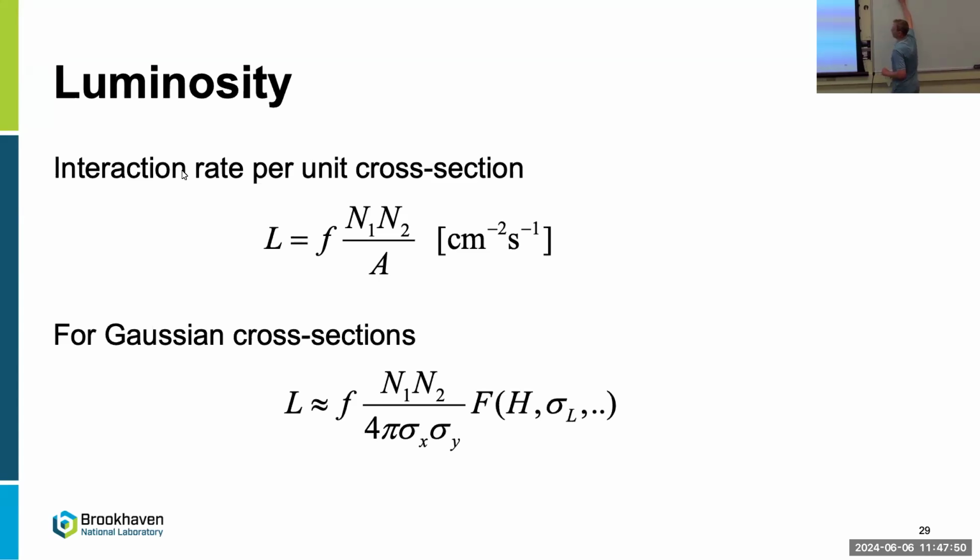So we have the luminosity that depends on the frequency of collisions of bunches. It's f, the frequency, times the number of particles in one bunch, times the number of particles in the other bunch, divided by, for a Gaussian beam, 4 pi sigma x sigma y, where sigma is the RMS beam size.